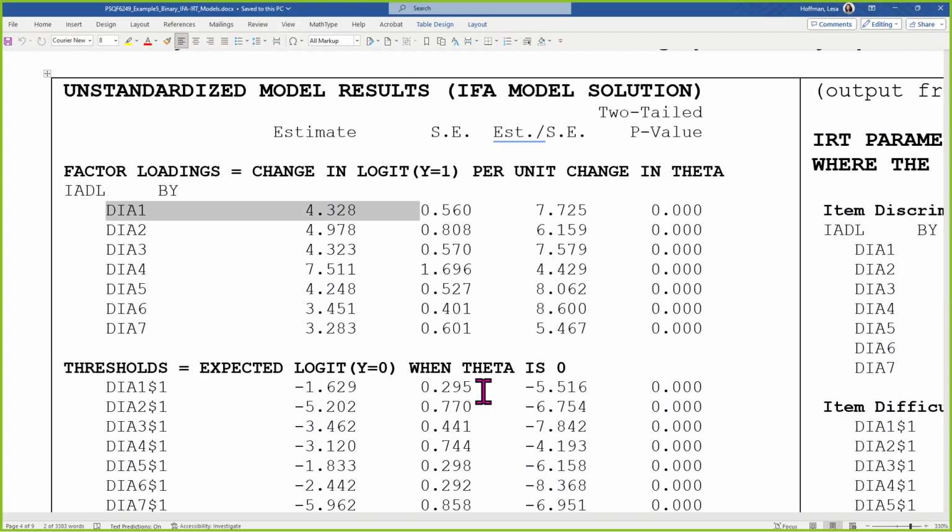So for every increase in the factor of 1, so that would be 1 standard deviation, given the way the model is scaled, the predicted outcome to the first item in logits, the predicted probability of a 1 in logits goes up by 4.3. That seems like kind of a big number, but it's in logits. Logits don't really have a scale to them per se. They range from positive to negative infinity.